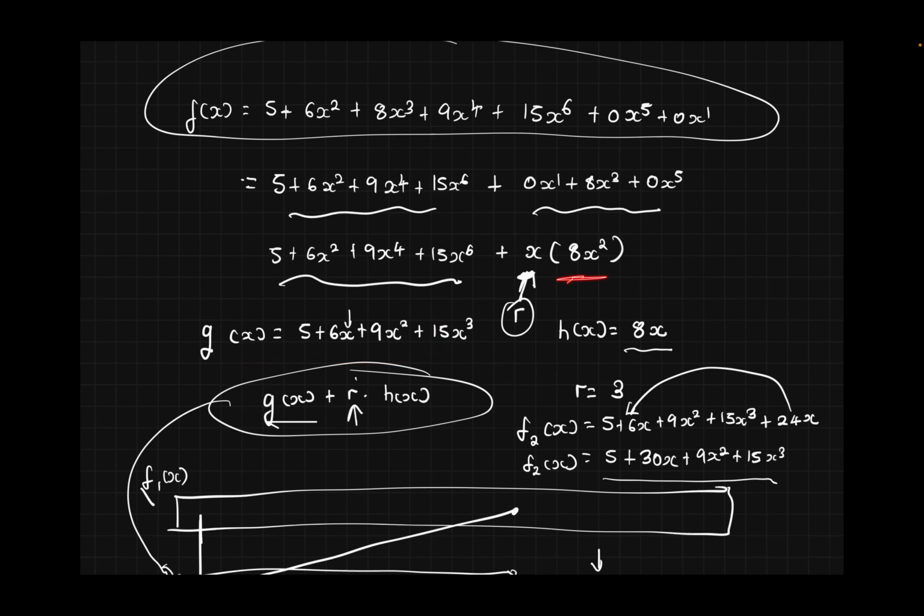Then the other one was x squared, it turned into 8x. Make sense? So that's how we got this plus 15x cubed.